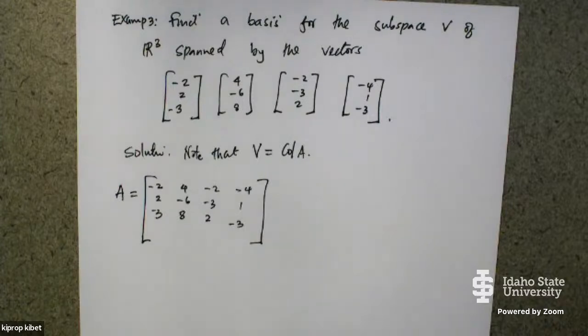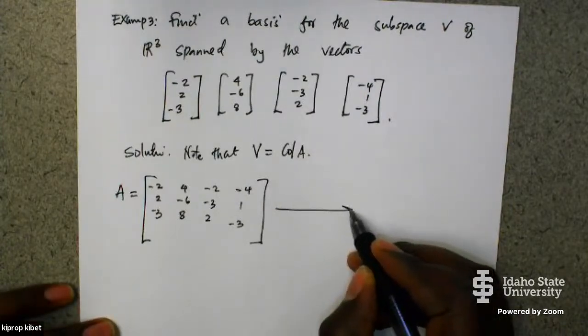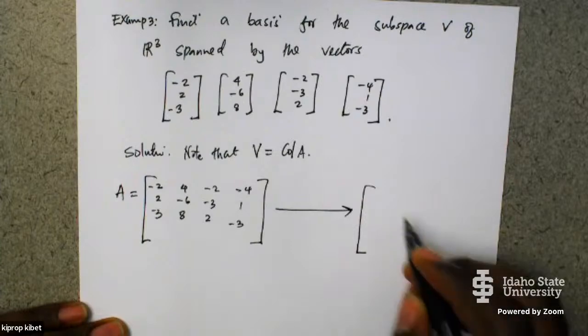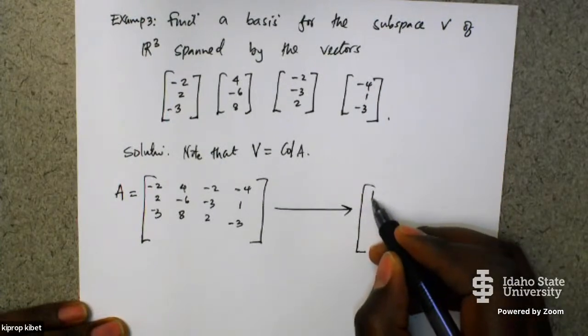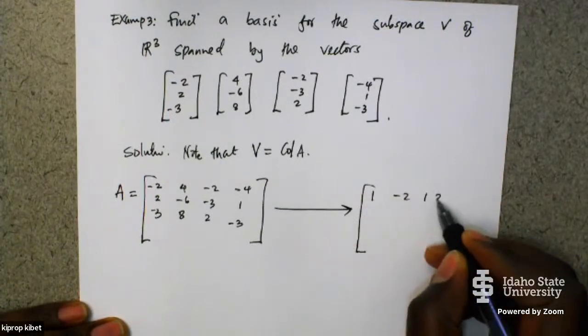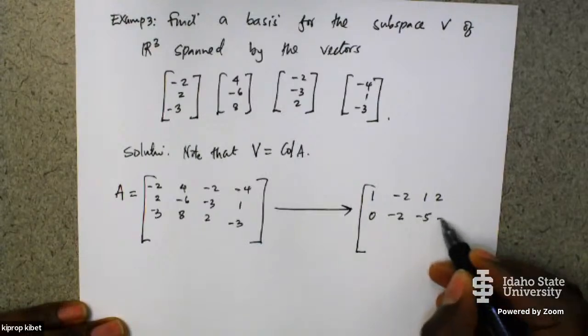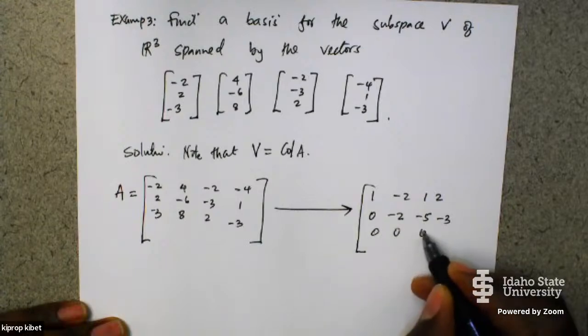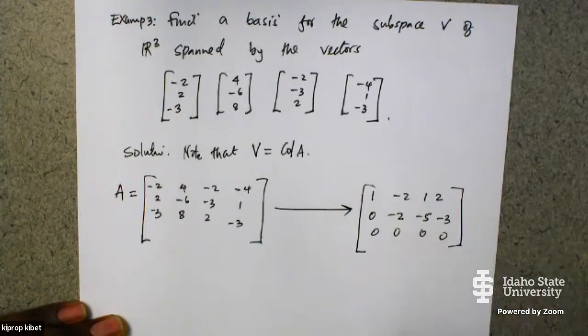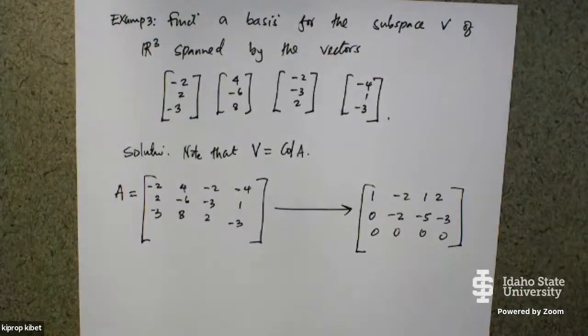So we put that in. Then when we reduce this matrix, I already reduced this, and what you get is 1, -2, 1, 2, 0, -2, -5, -3, and then 0, 0, 0, and 0. So that is what we get once we reduce.